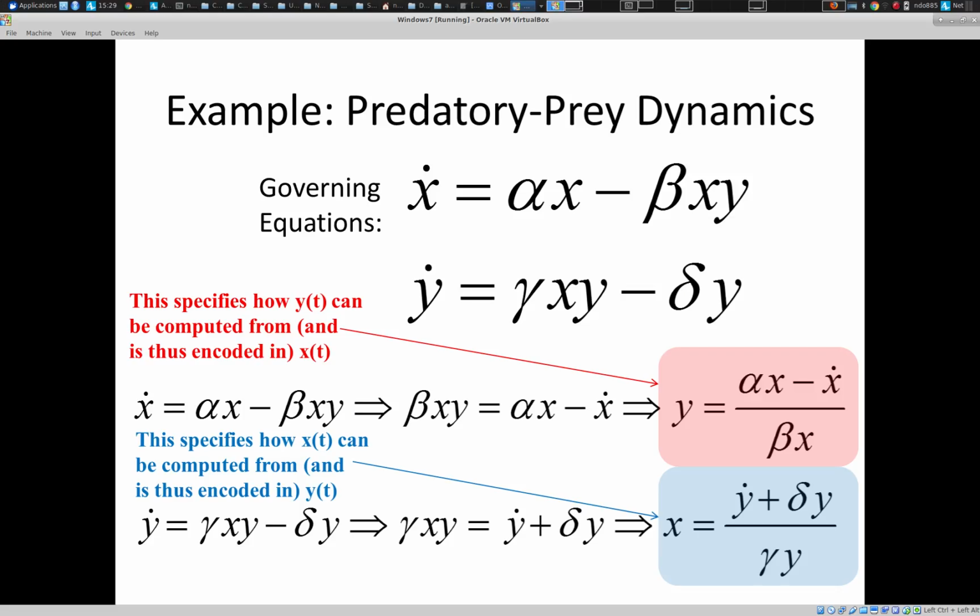But from a standpoint of prediction or characterization, I can actually solve these things such that I could say, okay, how does y of t relate to the values of x? If I know x and I know the derivative of x, if I see how quickly it's changing, I can basically reconstruct y. Given just this information about x and x dot and the values of alpha and beta, I could tell you what y is.